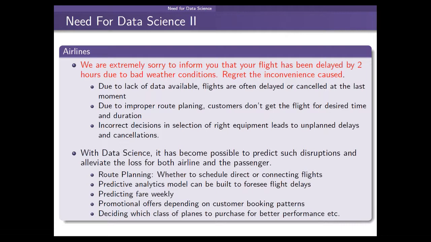You can build a predictive analytic model to foresee flight delays. Nowadays, most advanced countries use data science to predict fares weekly, offer customers promotional offers depending on customer booking patterns, and decide which class of planes to purchase for better performance.